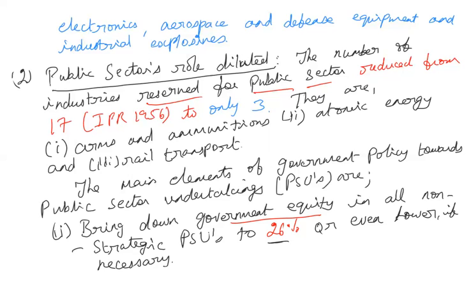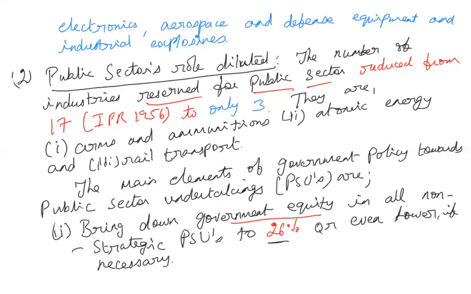So why this specification of 26%? Only if the 26% shareholding is there with the government, then only will they be able to vote in the board meeting. So for that reason, in all the non-strategic industries, that is not very essential for the government to operate, the government shareholding should be reduced from 100% to 26%.